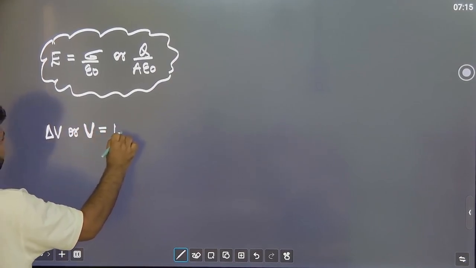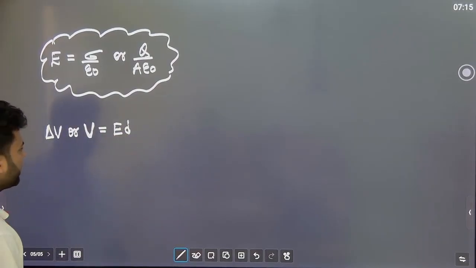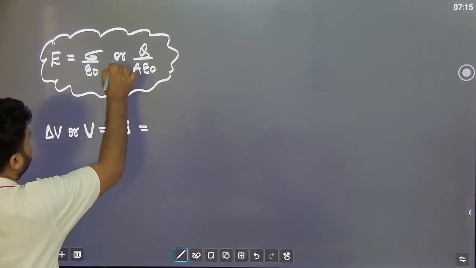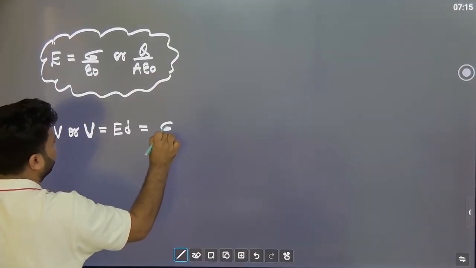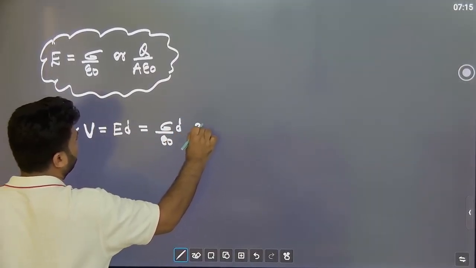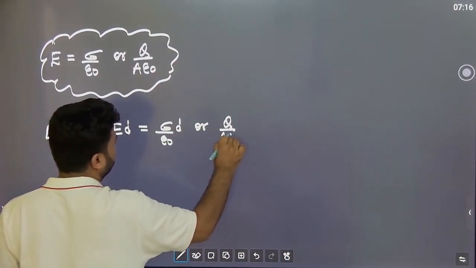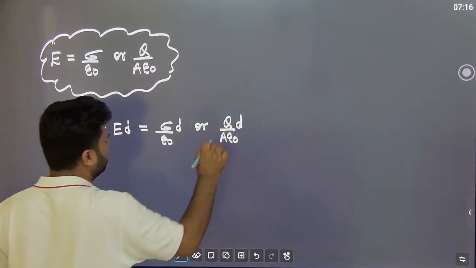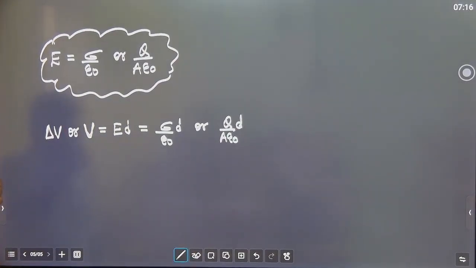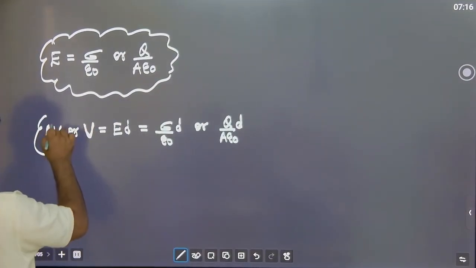It is E multiplied by D, where D is the distance between the plates. So with the E formula, V is sigma by epsilon naught into D, or Q by A epsilon naught into D. So if someone asks what the potential is, you have to remember this formula.